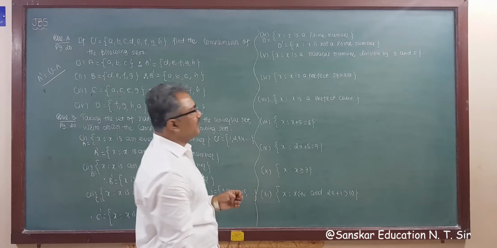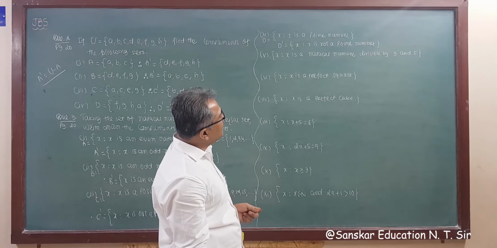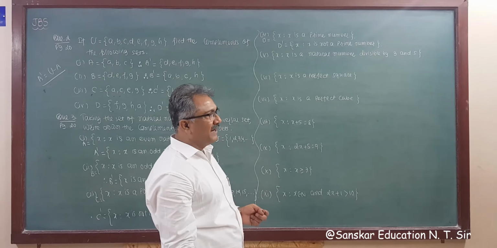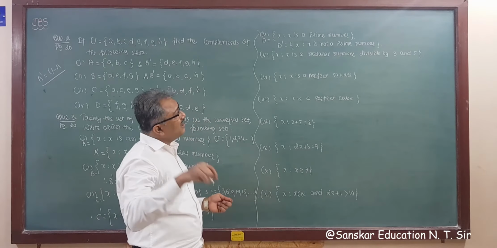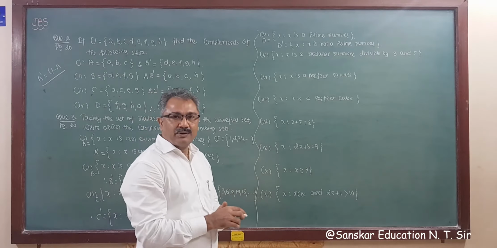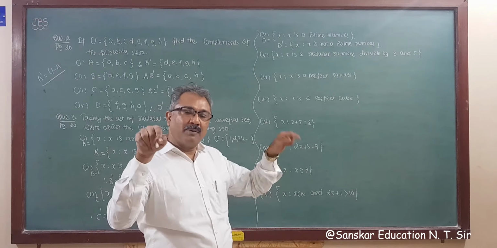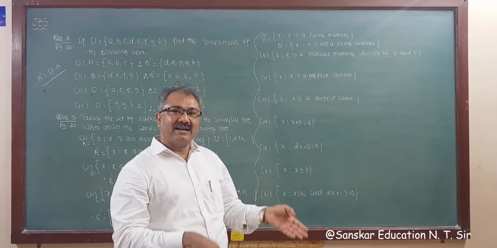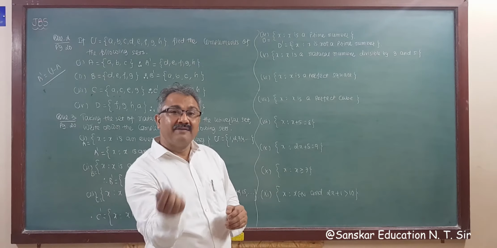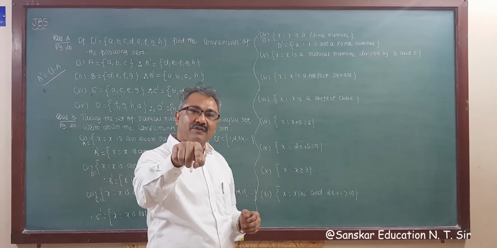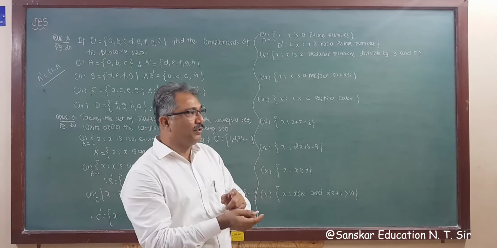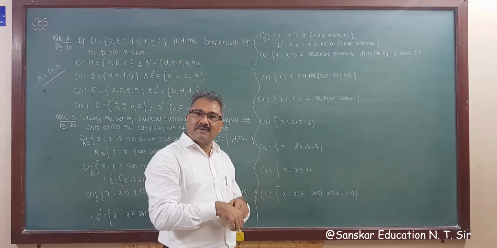And then the fifth one, x is a natural number divisible by 3 and 5, right? Means the complement of this set is x, where x is a natural number not divisible by 15, because the LCM of 3 and 5 is 15.